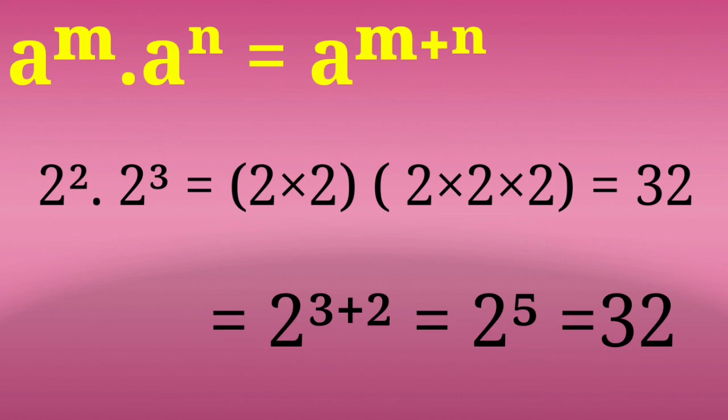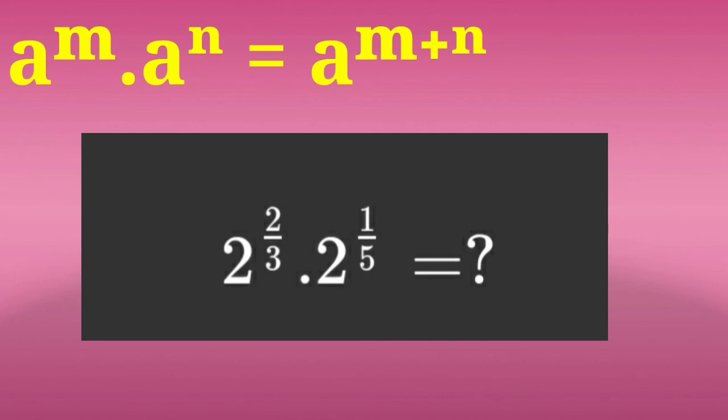One more example. 2 raised to 2 by 3 into 2 raised to 1 by 5. Here the base is 2. In both the numbers, base is 2. But what about the powers? 2 by 3 and 1 by 5, which is in fraction form, right? So our equation is a raised to m into a raised to n, which is equal to a raised to m plus n.